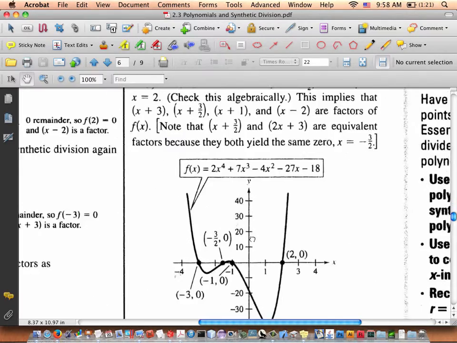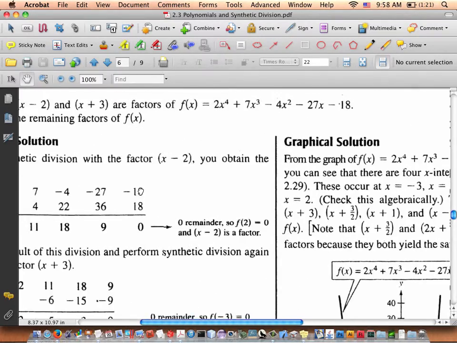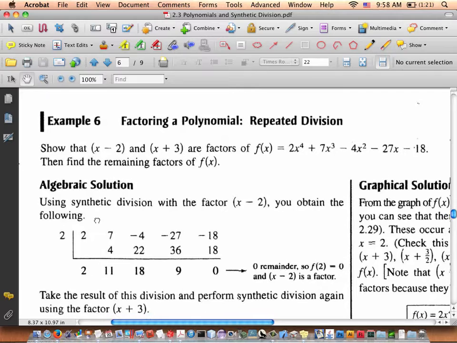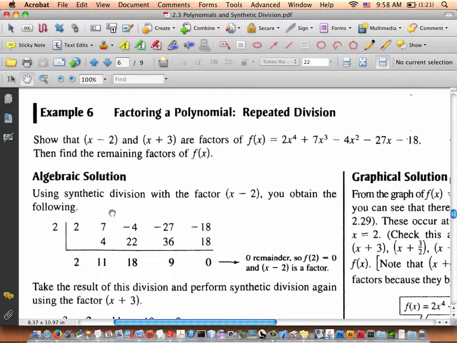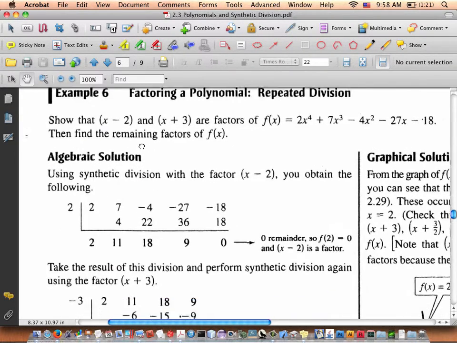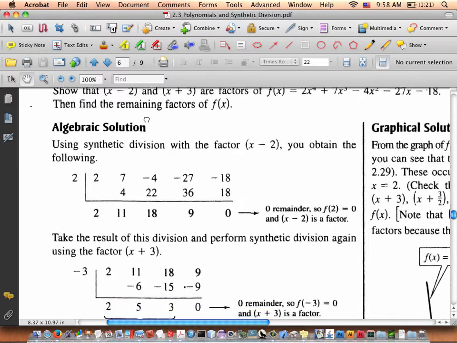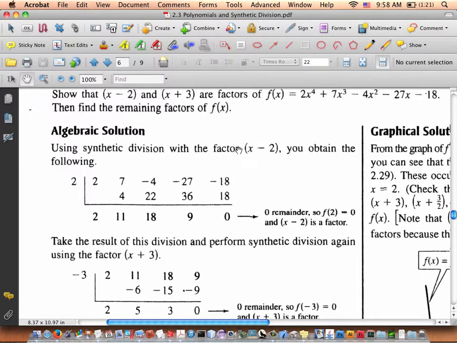Come on. There we go. Example 6, page 155. It says here, show that x minus 2 and x plus 3 are factors of the following function. So we set up using the division algorithm, and first we're going to start with x minus 2 as a factor.